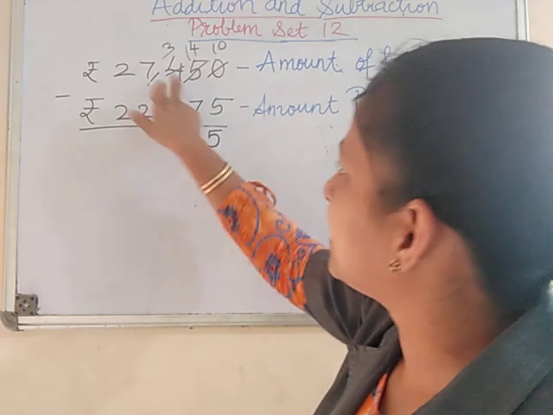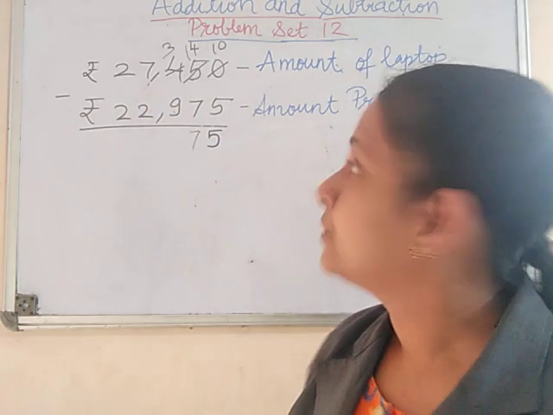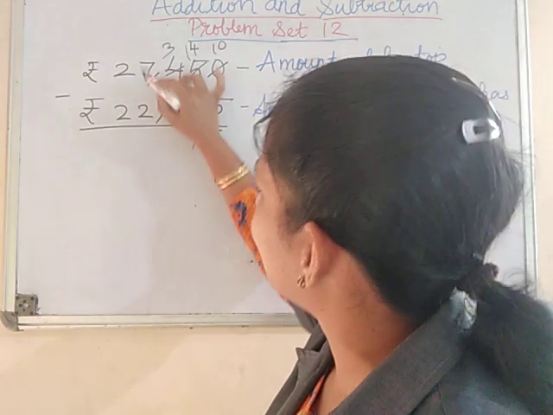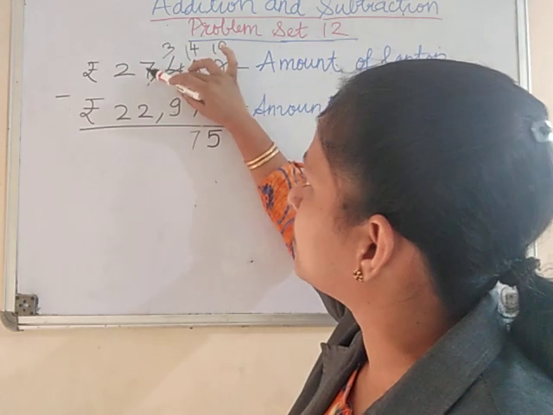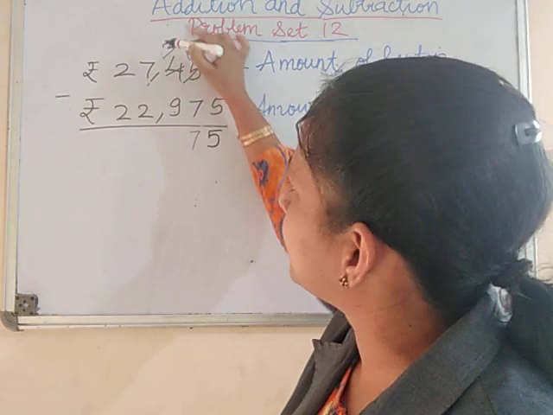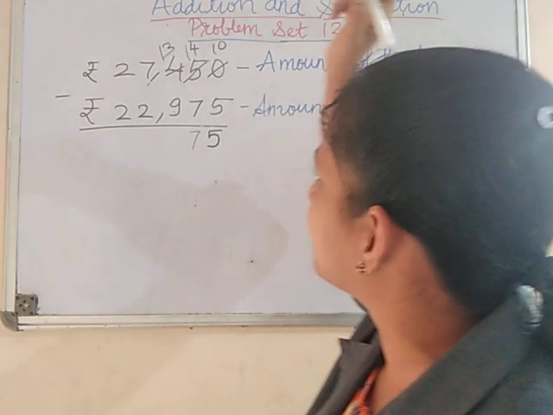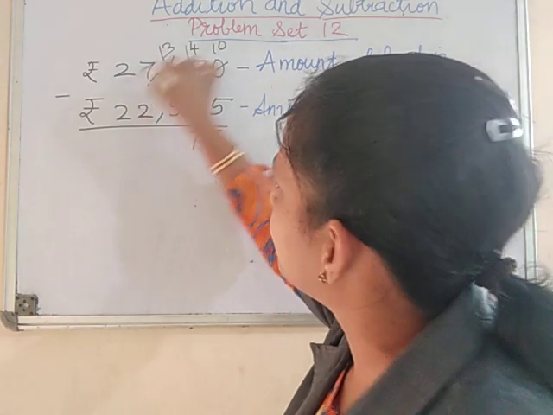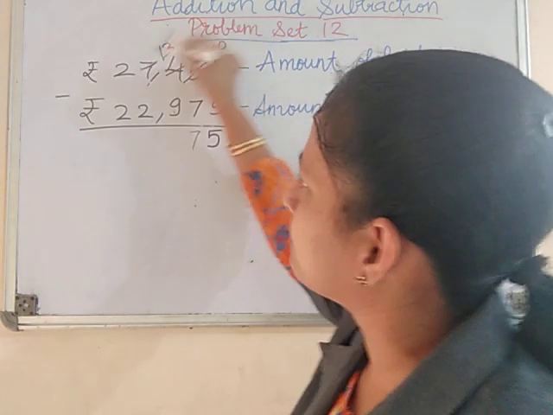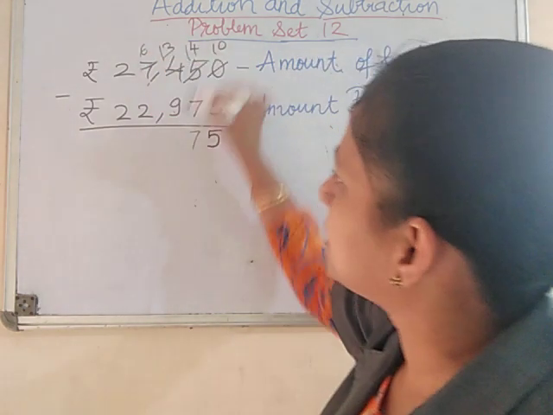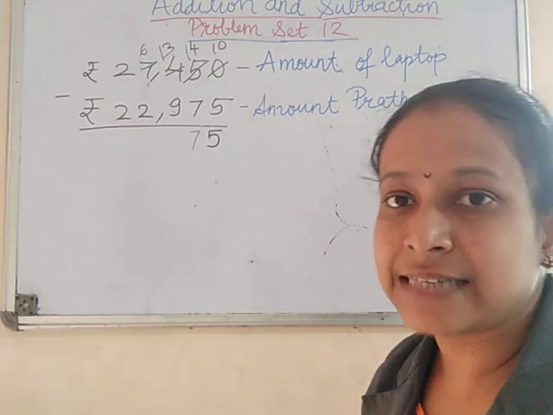Now here we have 3, again 3 is less than 9. So again we have to borrow 1 from here. This will become 13, and this will become 7 minus 1, which is 6. So 13 minus 9 is nothing but 4.